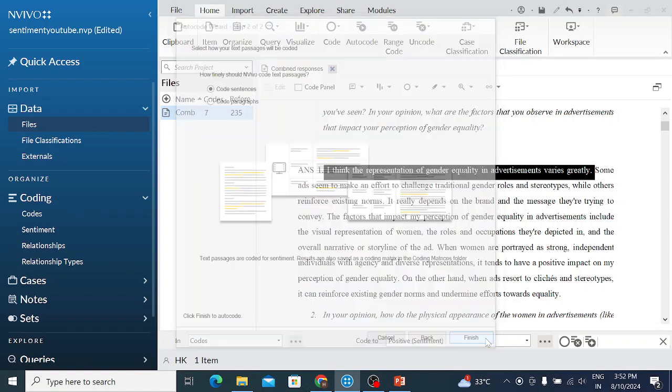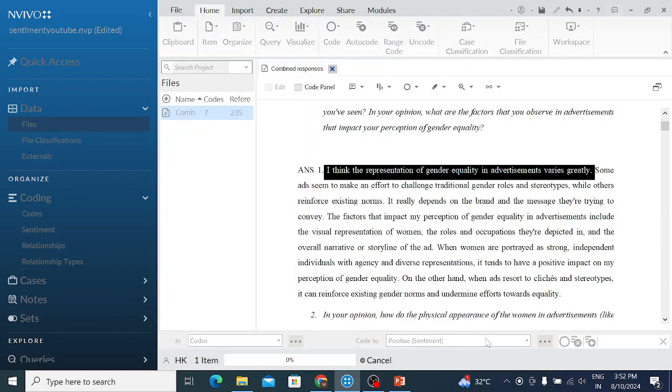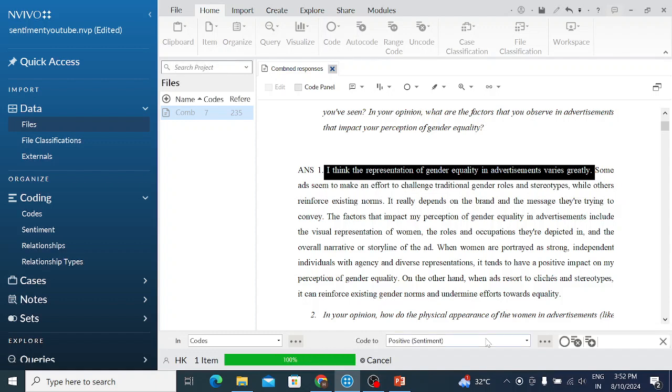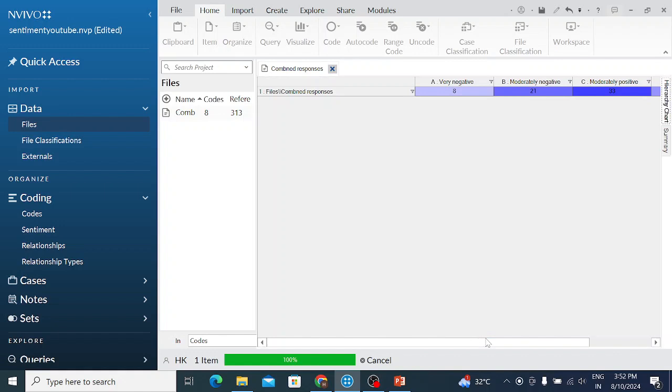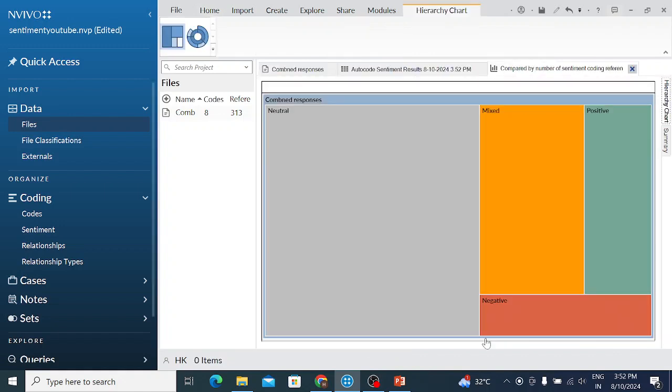What would happen is NVivo, based on its pre-fed information, based on the lexicon, would identify how many of these sentences were positive, negative, neutral, and mixed.